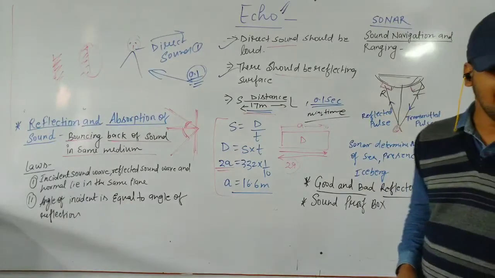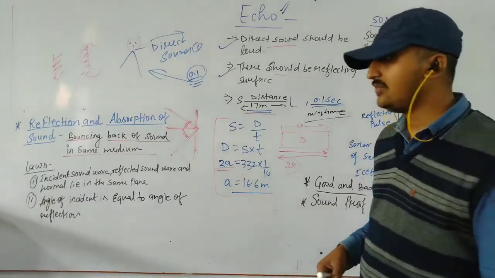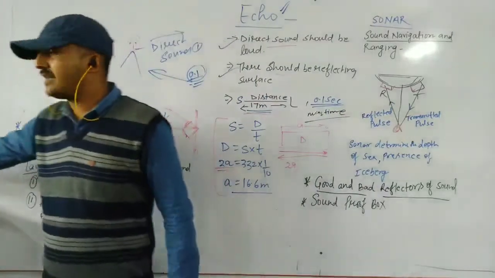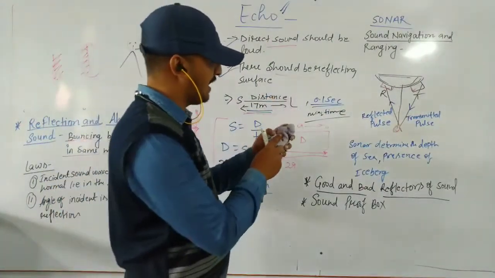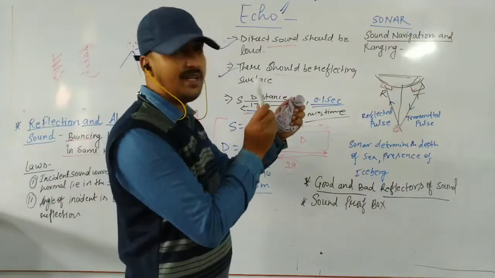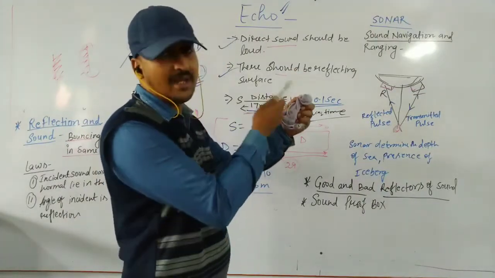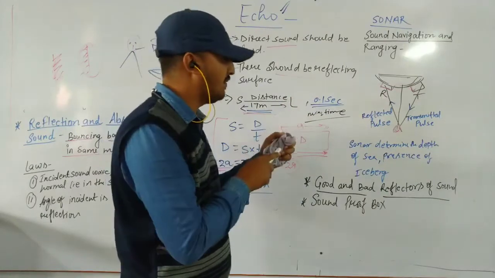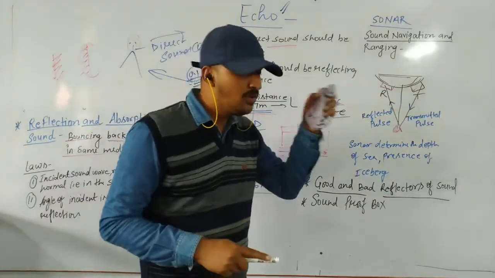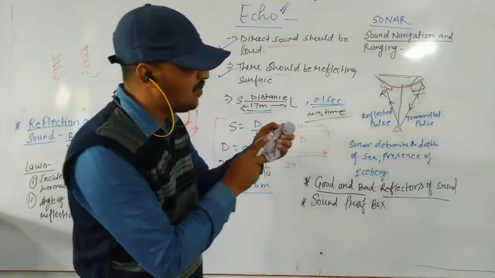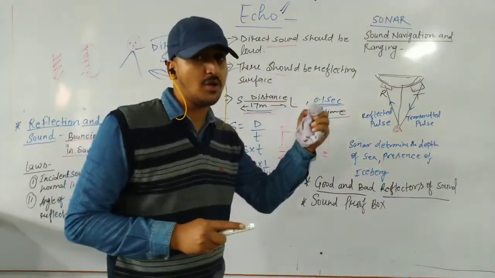But suppose we have a bad reflecting surface. Suppose this is a small cloth. When sound is striking on the surface, sound is not reflecting. So we can say it is a bad reflector or good absorber of sound.